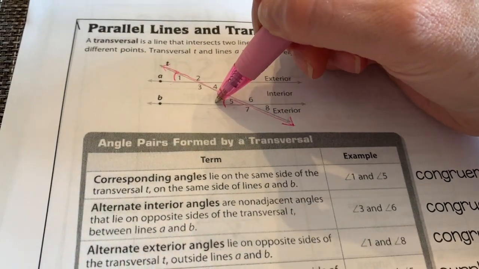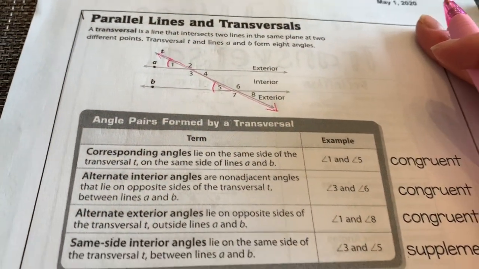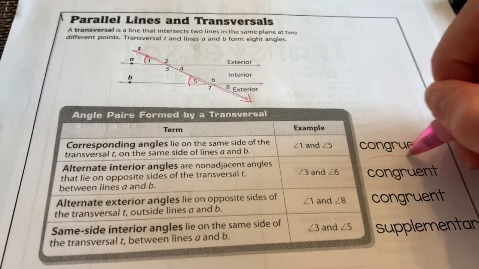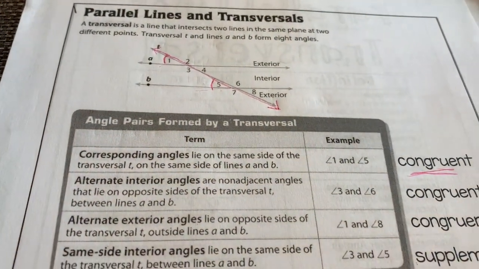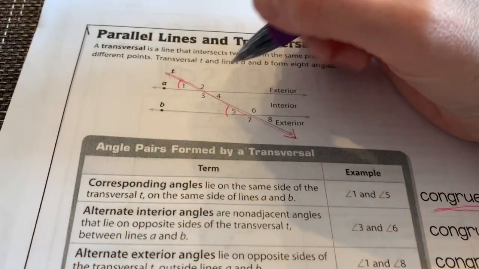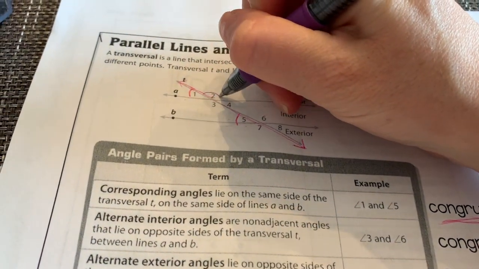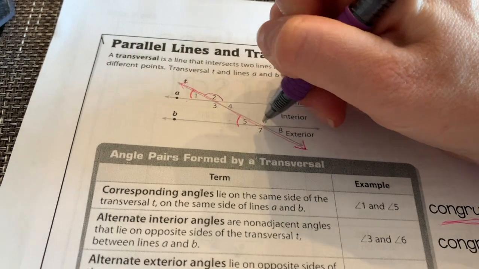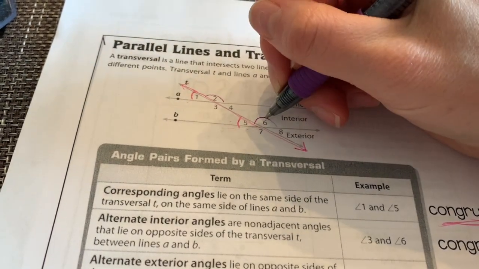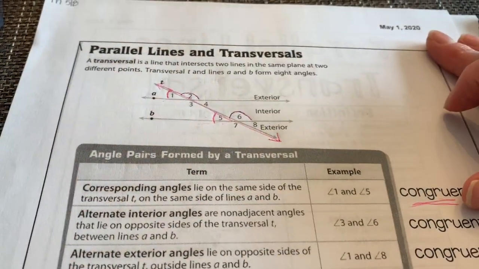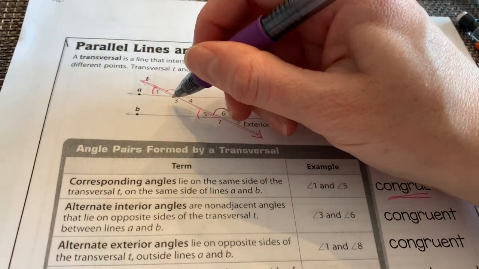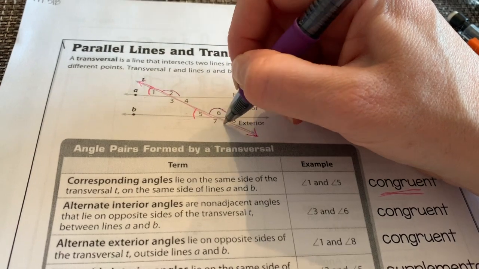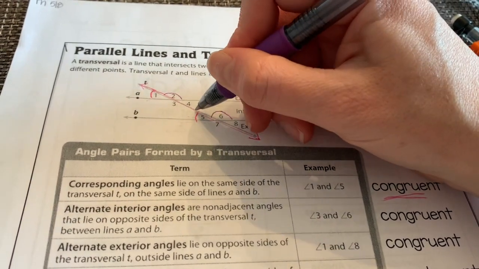So angle 1 and angle 5 are corresponding angles, and what we know about them is that they are congruent, so they're equal. Now on the other side, we also have more corresponding angles. We have angle 2 and angle 6, and those are also corresponding angles. They're equal. Okay? Similarly, angle 3 and angle 7 are corresponding, as well as 4 and 8.